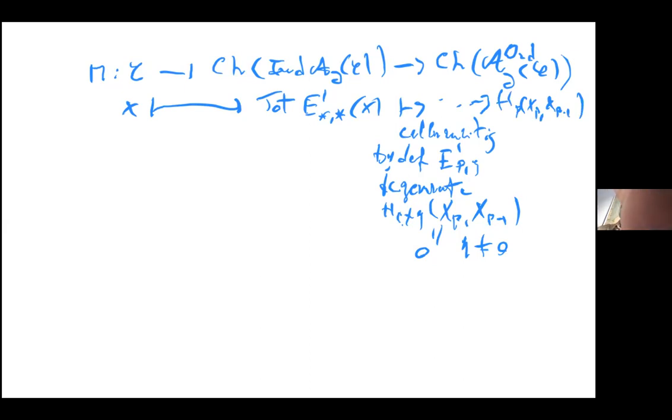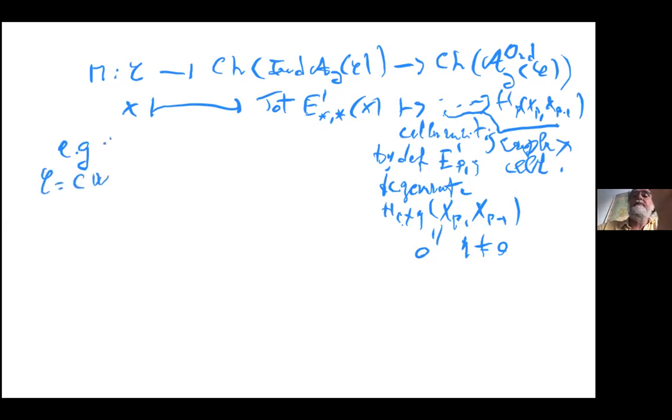So this is now the cellular complex. And for example, as I was saying, this is the case of C equals CW complexes with the standard homological structure that I don't remember, but it is clear.